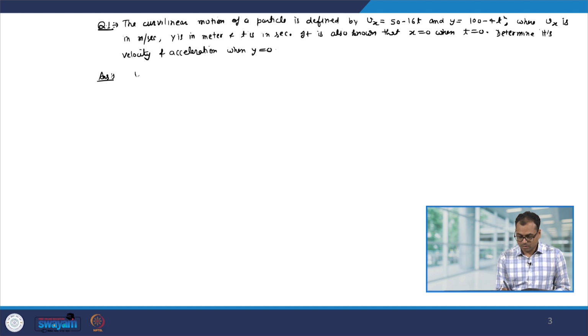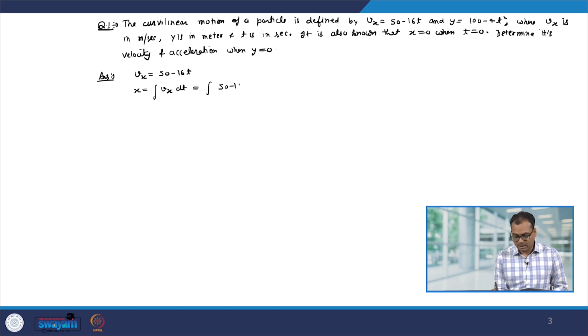Okay. So, Vx is given, it is 50 minus 16t. Therefore, from this I can find out what is x and what is the acceleration along the x direction. X I can find out by integrating this Vx with respect to t.